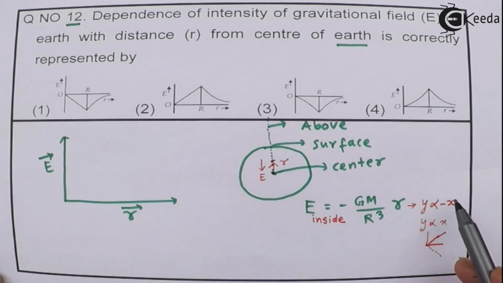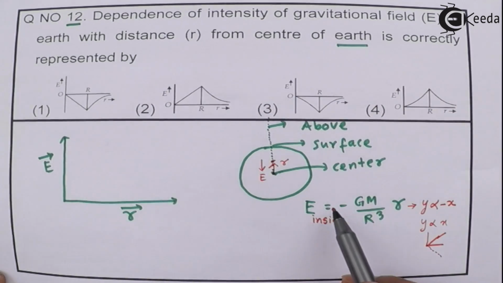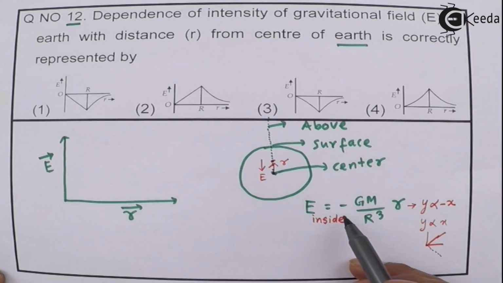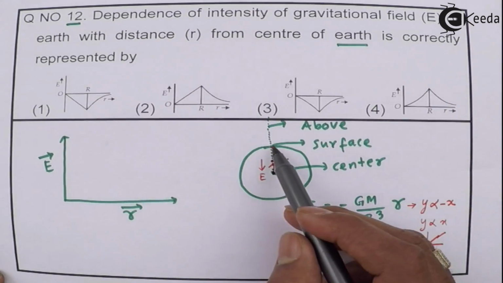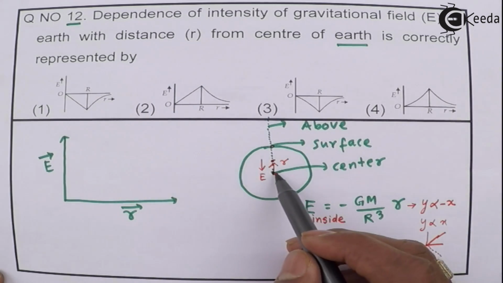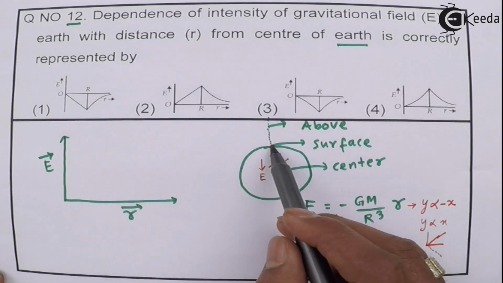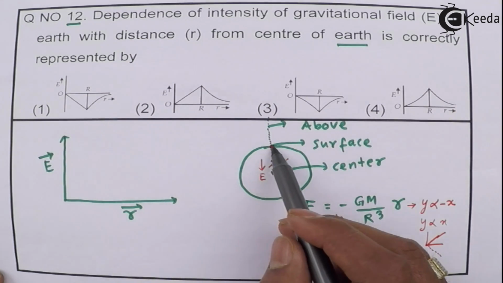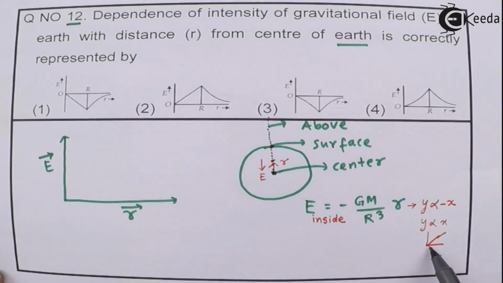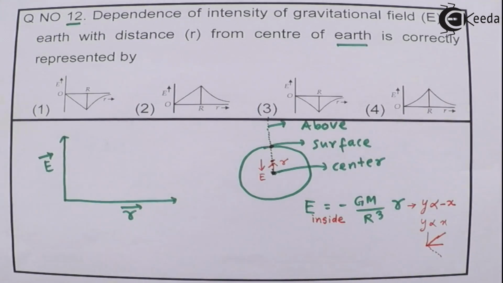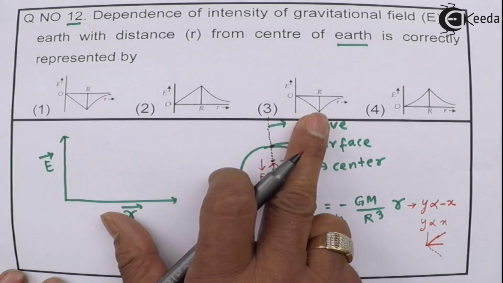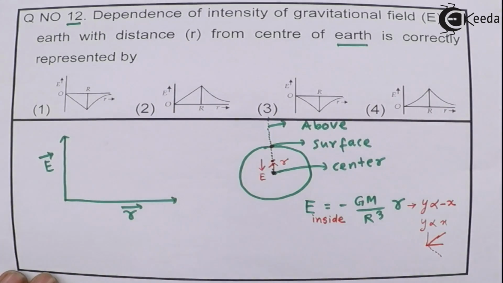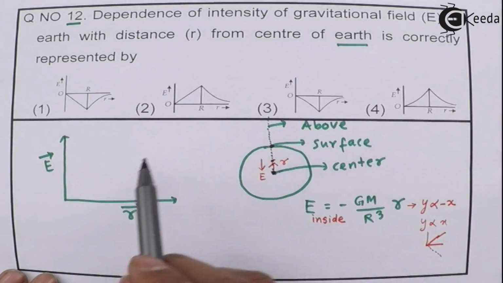So the graph inside, from center of the earth to the surface, as long as you are moving from center toward the surface, is a straight line with a negative slope like that.